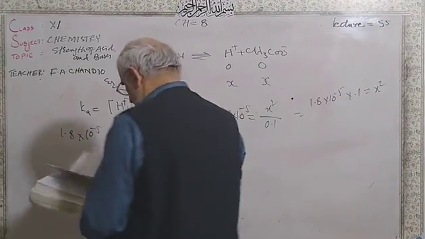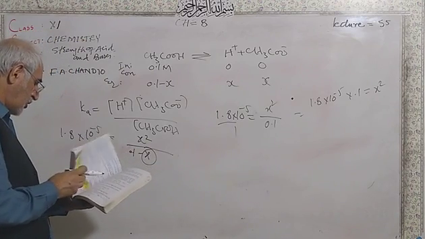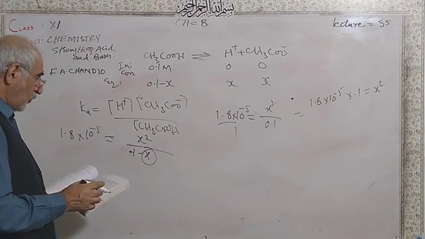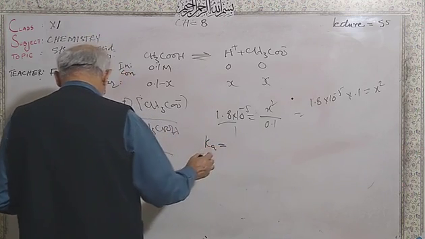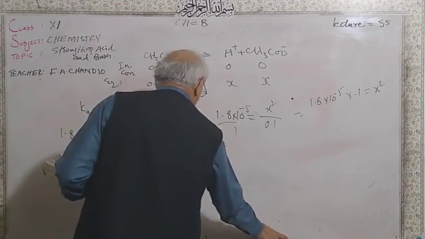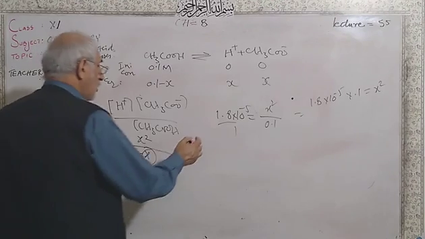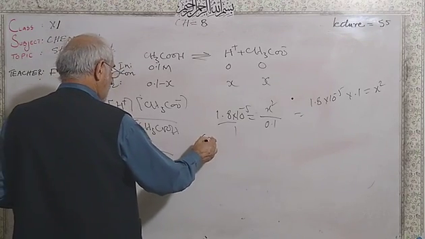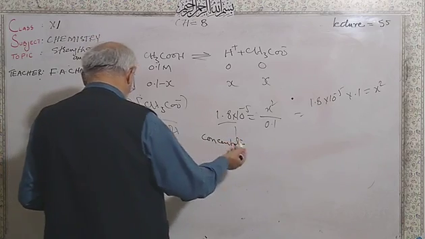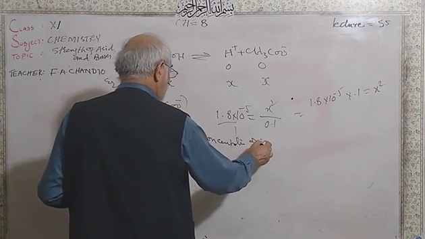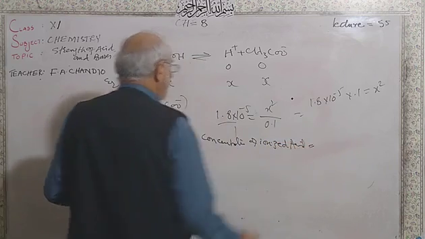Taking the square root, you will get the concentration of ionized acid.